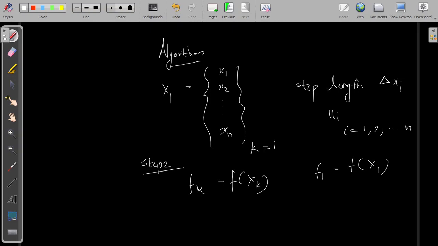Okay, we will evaluate our objective function f of x, that is, we will get f1. Then again we are introducing another variable i for iteration, i equal to 1, in order to start the exploratory move.